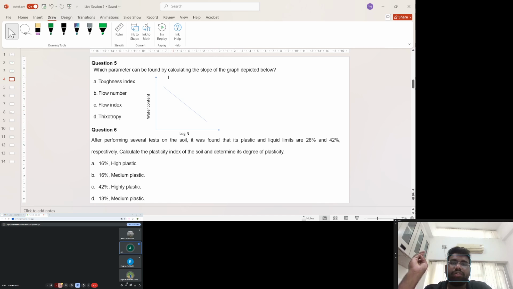This is the graph of water content and logarithm of number of blows, where N is the number of blows. It is a liquid limit graph.